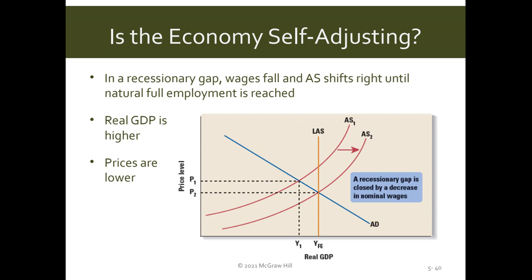This is the self-adjusting process. Neoclassical says that the economy will achieve its full employment level of real GDP in, let me put it this way, one second. So you won't see unemployment in the country.